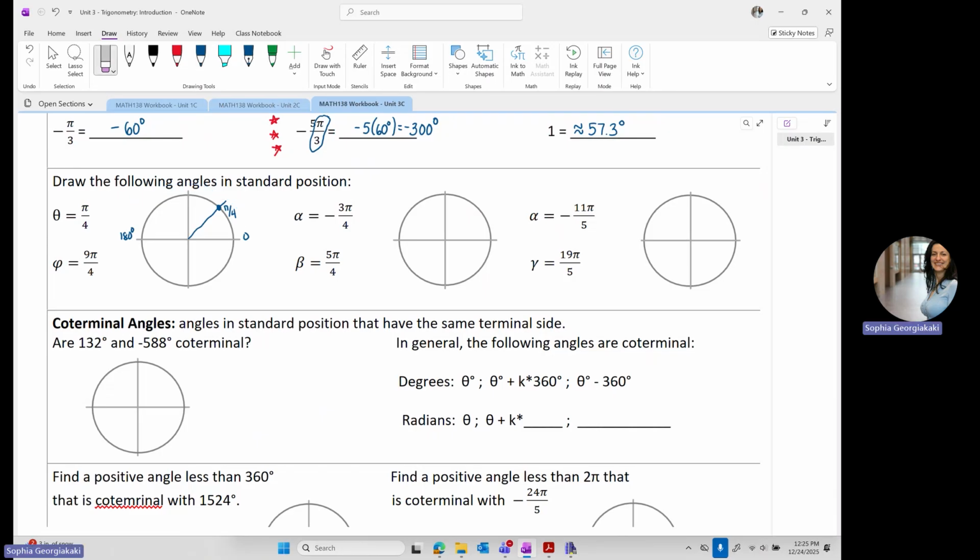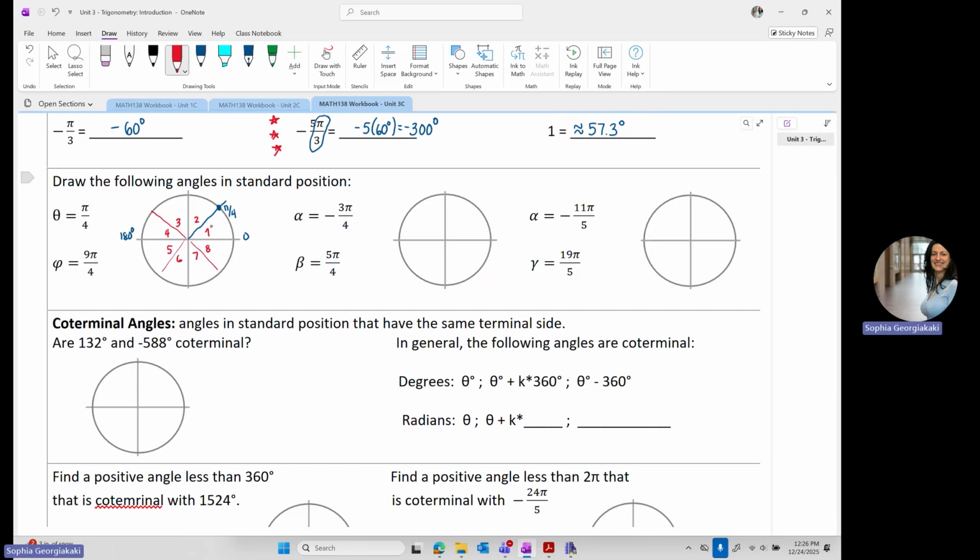So 9 pi quarters means that I'm looking for quarter slices of pi, and 4 of them will get me to 180. So 1, 2, 3, and 4 will get me to 180. 5, 6, 7, and 8 will get me back to 0 if I keep going.